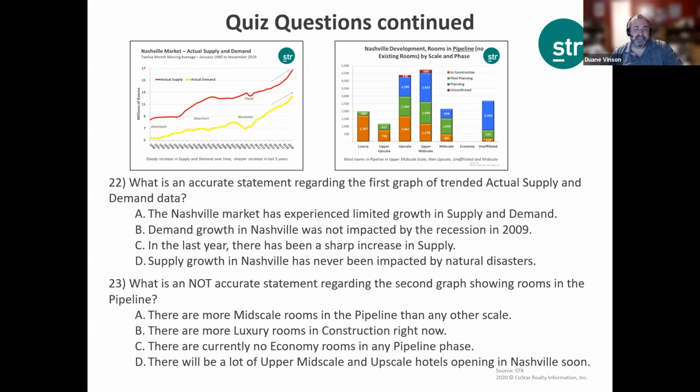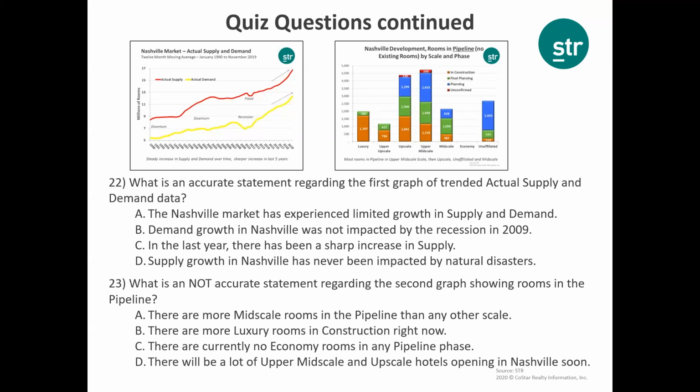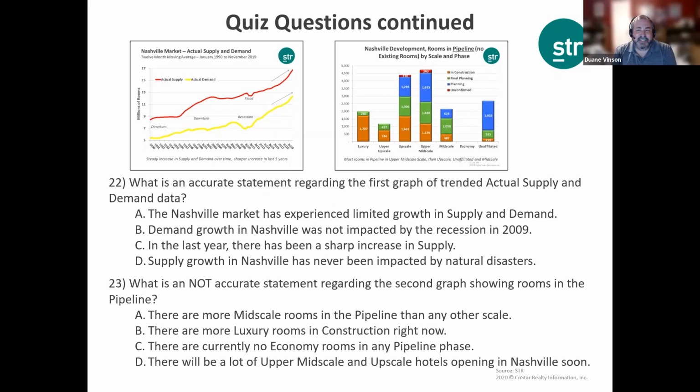Which one of these is accurate based on what you see in that graph? I've seen, let's see, C, B, and D.